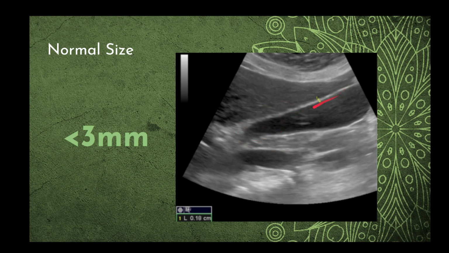If you're looking for a place to measure and you just can't find a nice border, forget it. Either take your picture and move on and find a different picture to measure, or retake your picture to get a nice crisp border so you can measure. Again, never measure on the posterior side here, only on the anterior. When you see your protocol, you will be able to choose, do you want to measure in long or in trans?